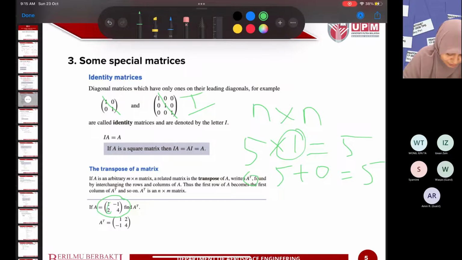Here 1 and 2 are in the first column, so for transpose A, 1, 2 will be the first row. Negative 1 and 4 are the second column, so for transpose of A, negative 1 and 4 will become the second row. So we just change the rows and columns of the matrix.